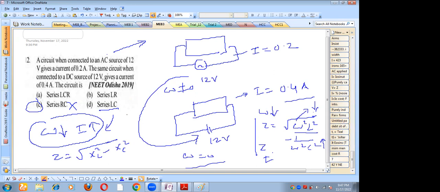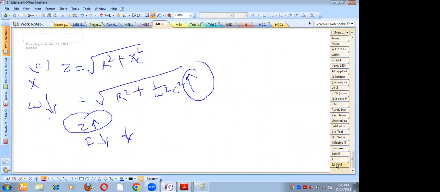Now again, we will see option A, series LC also. LC series. Option A. Here what is Z?